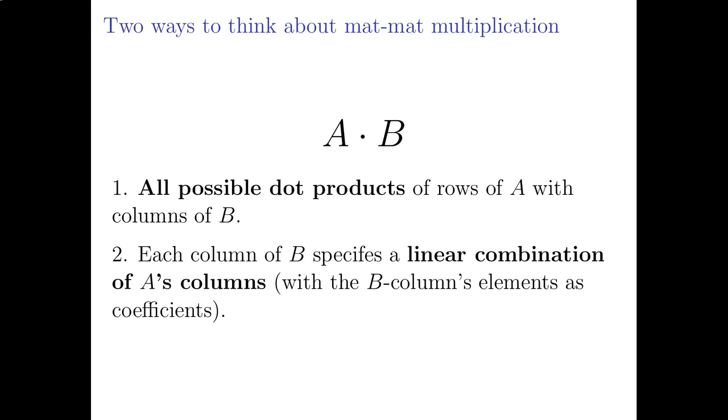Every column in the matrix can be seen as a domino, and what you're doing is taking a linear combination of those dominoes. And what linear combination is it, do you ask? Well, it is the elements of the vector that you're multiplying by the matrix, okay? Same thing here, except we're just doing it more than once. Instead of one column vector on the right-hand side of the operation, we now have a matrix B, which has many columns, each of which is specifying a particular linear combination of that, okay?